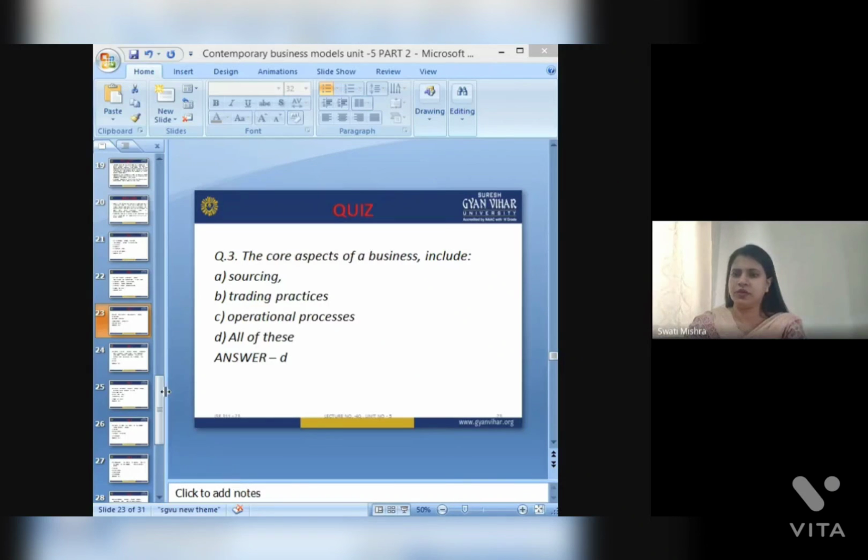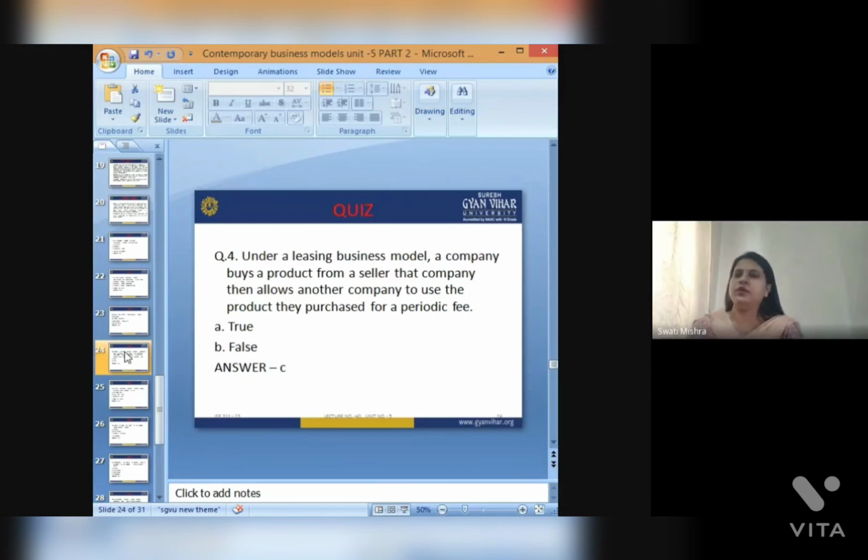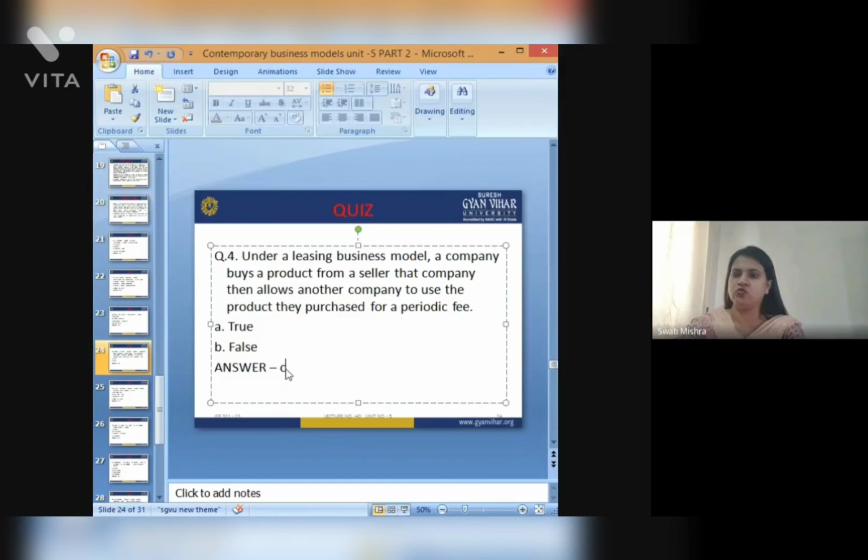So let's move ahead towards the next question. Question number 4. Under a leasing business model, a company buys a product from a seller. That company then allows another company to use the product they purchased for a periodic fee. A. True, B. False. And the answer is A. True.